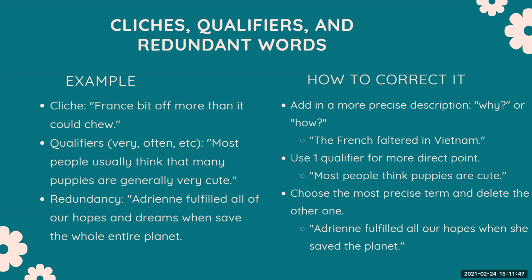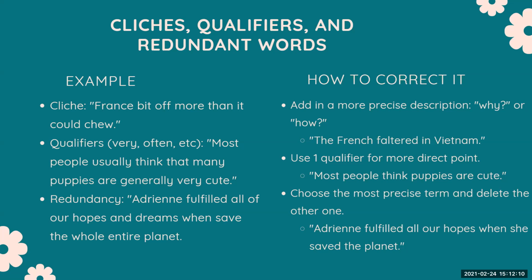So instead, you want to use one qualifier for a more direct point. We can change that previous sentence to "Most people think puppies are cute." It's more direct and straightforward, and as a result, it just makes it easier for the reader to understand your point.